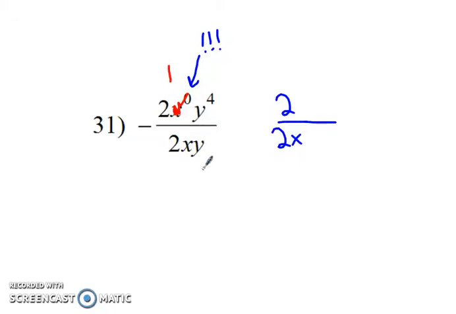And I've got some y's canceling going on here. I've got 4 of them here, and 1 there. So when I cancel off all the pairs I can, I'll still have 3 of them left on the top. And then, what about this 2 over 2? Well, 2 divided by 2 is 1. So here's your simplified answer. We basically just canceled out those 2 2's.